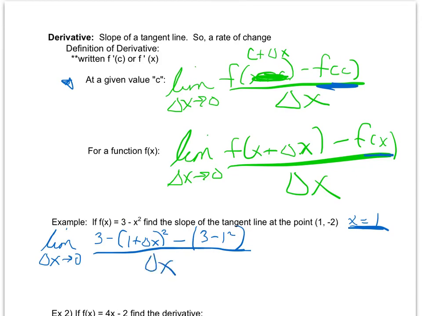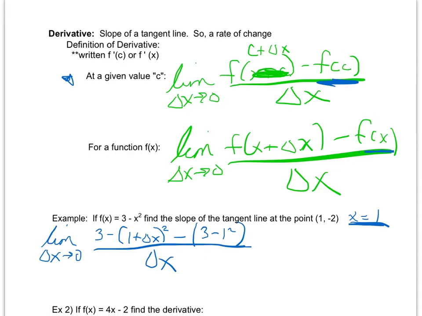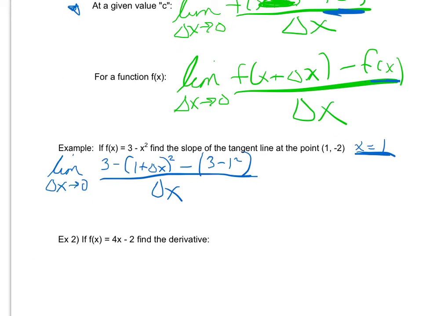So now I can simplify this because I can't use direct substitution. So I'm going to go ahead and say that's the same thing as, limit as change of x approaches 0 of 3 minus 1 plus 2 change of x plus change of x squared.